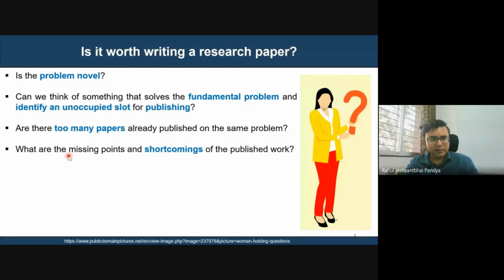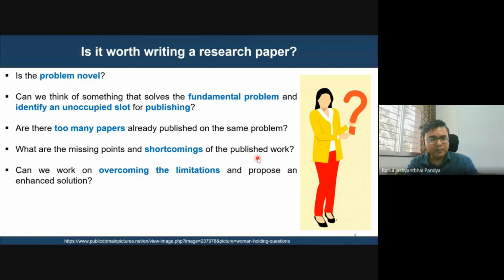The next step is the missing points. I have to look for the gaps, the research gaps in the existing work, or any shortcomings which are not addressed in the published work. And from that, I can propose my work overcoming those limitations, shortcomings or gaps, and propose an enhanced, novel solution.